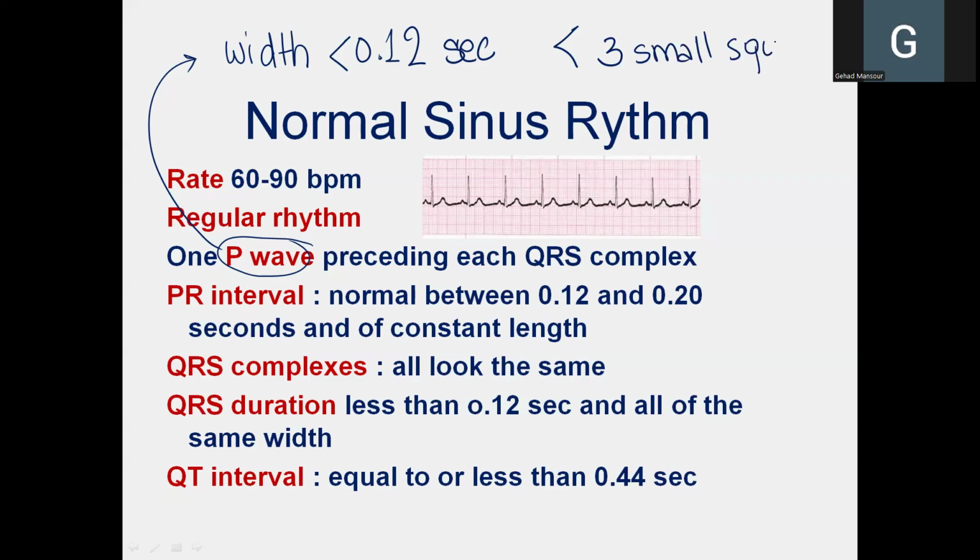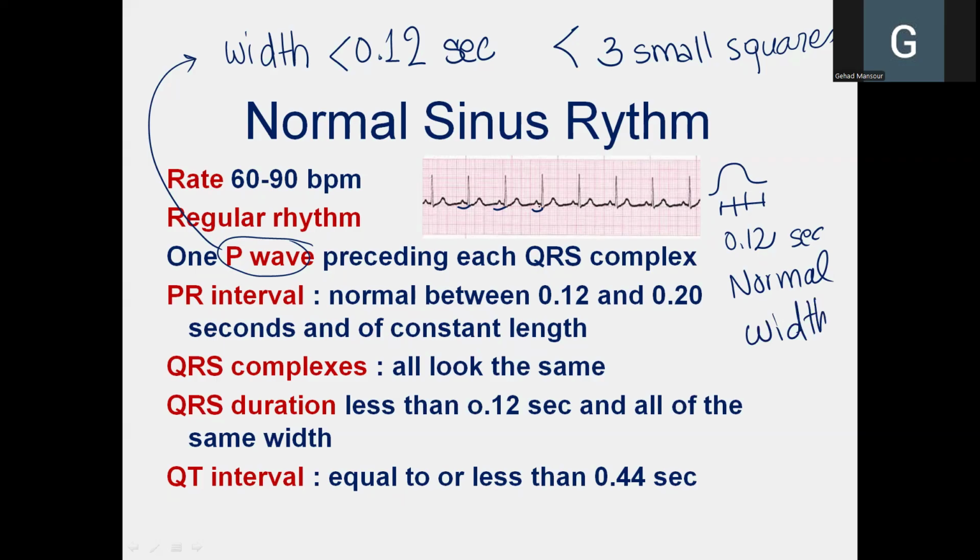Then you have to measure the width of certain P waves, not all of them, because usually they are equal in width. And you should say, for example, I found that the width of the P wave is 3 small squares, which means 0.12 seconds, and then the P wave is of normal width.